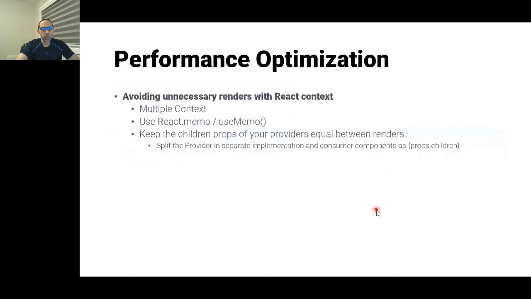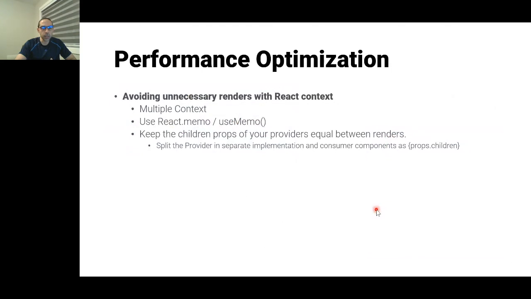And then a few other optimization points that you need to be mindful of. It's related to the point that I highlighted at the very beginning, which is that every time the provider re-renders, the children or the consumers will re-render as well. This can get so costly at some point if you have a large number of components, and if many or some of them use specific values or specific states within the context.